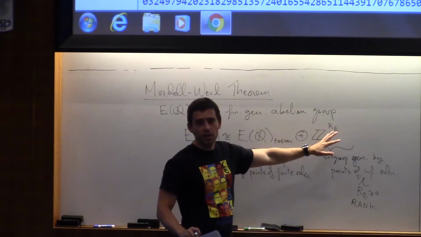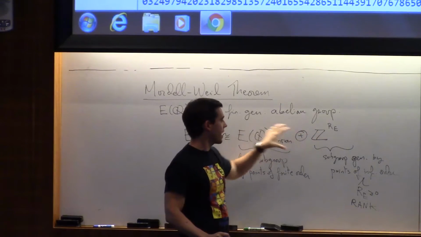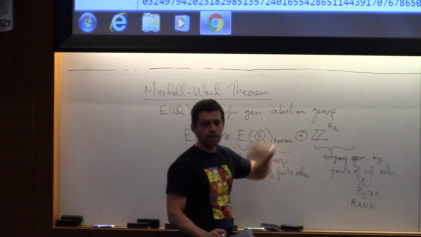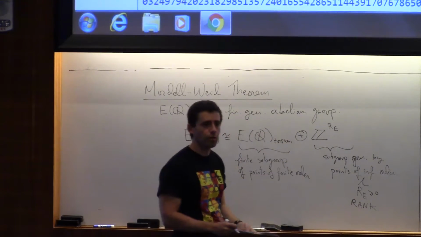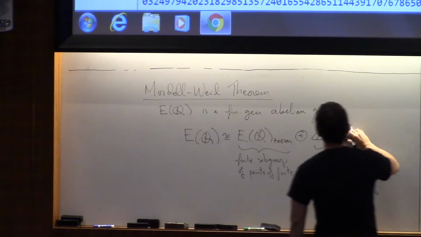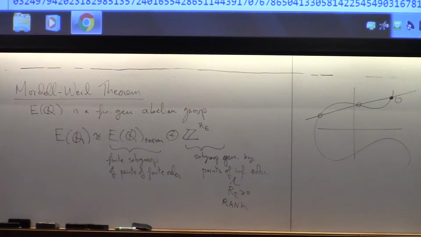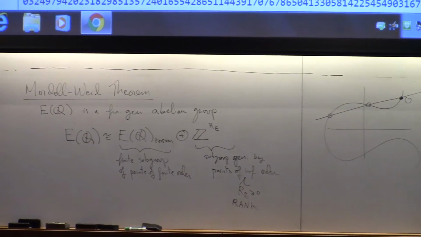This is not so well defined. I can't tell you these are of infinite order. If I have a torsion point, I can throw it in and find another set of points of infinite order of the same dimension. But this just indicates how many Z-linearly independent points of infinite order there are. That's R, that's the rank.